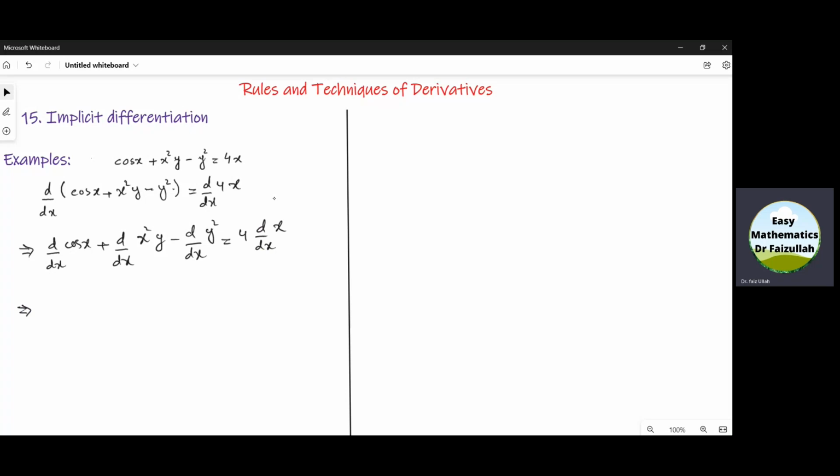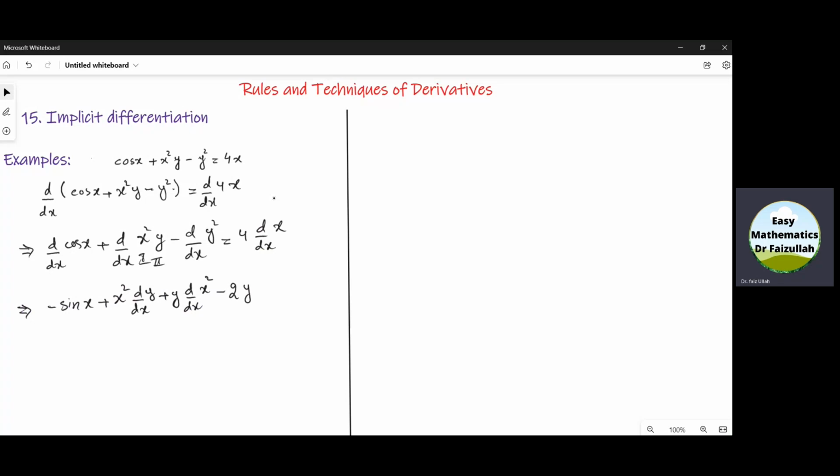And now we know that differentiation of cos x is minus sine x, plus here we use the product rule. So we write first function into differentiation of the second function, plus second function into differentiation of the first function, minus, now to differentiate y square with respect to x, we shall do outer differentiation just like using the chain rule.